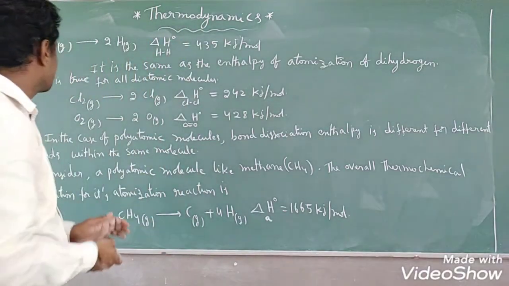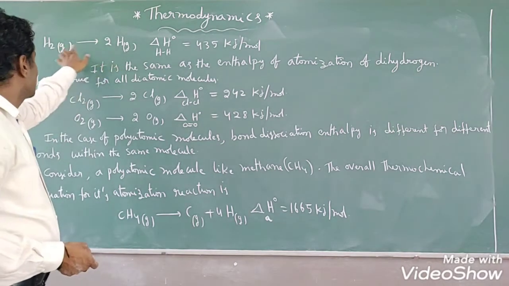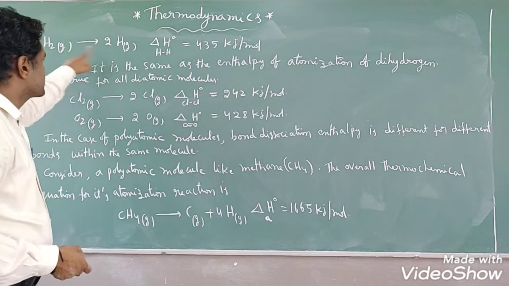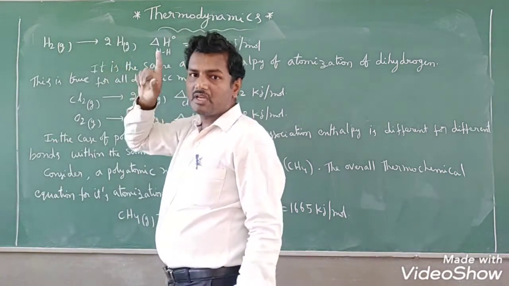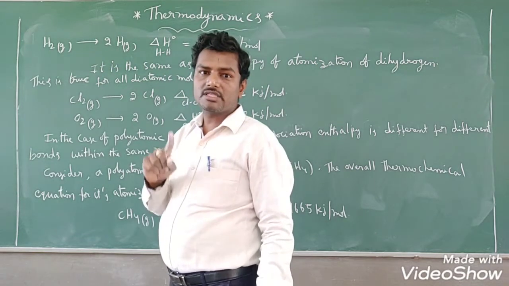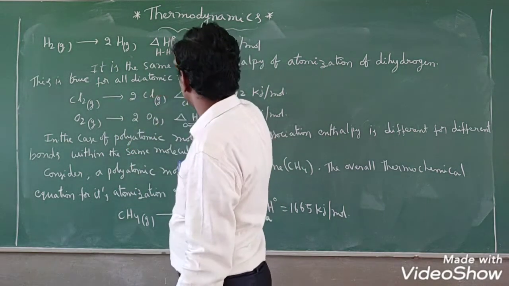Let us see, students, some more examples. Already I have given you the bond dissociation enthalpy of hydrogen converted to 2 hydrogen atoms. In the case of diatomic molecules, bond dissociation enthalpy is the same as enthalpy of atomization, right?